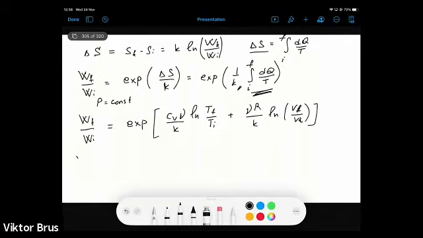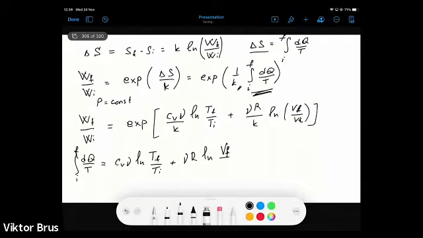And this integral from initial to final of dq over T is equal, as we have shown previously, to CV times nu natural logarithm T final over T initial plus nu times R natural logarithm of V final over V initial.